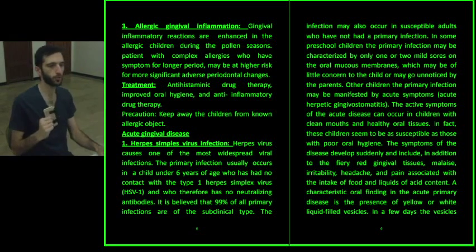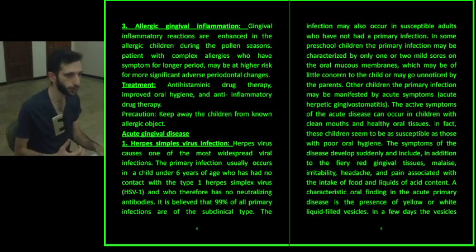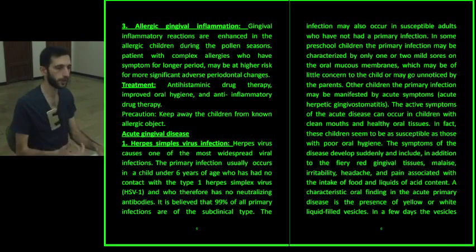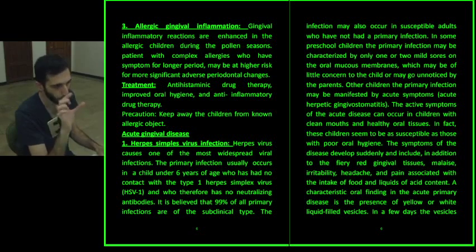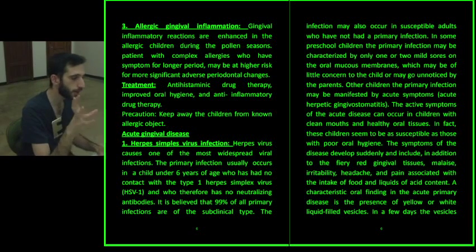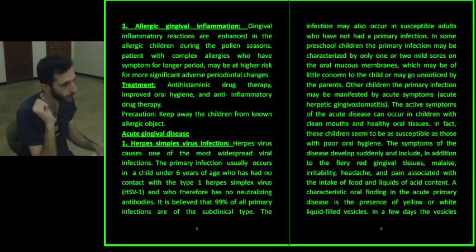Again, the symptoms of this disease develop suddenly and include, in addition to fiery gingival tissue, malaise, irritability, and pain associated with the intake of food that contains acid. The characteristic oral finding, which distinguishes primary herpetic stomatitis, primary herpes simplex virus HSV1, from other diseases, is the yellow or white liquid-filled vesicles.